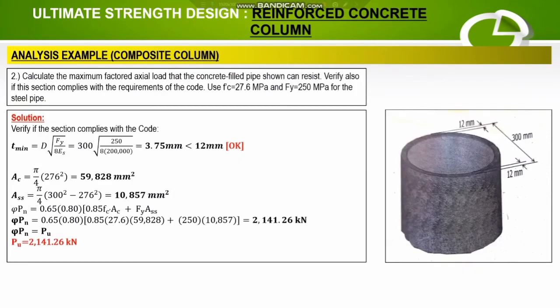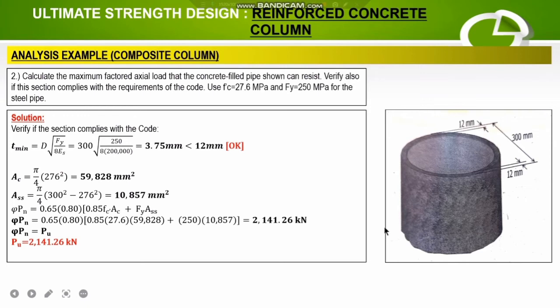For the second problem, still in the analysis of the composite column, the problem goes this way. Calculate the maximum factored axial load that a concrete filled pipe shown can resist. Verify also if this section complies with the requirements of the code. Use Fc prime equal to 27.6 megapascals and Fy equal to 250 megapascals for the steel pipe.